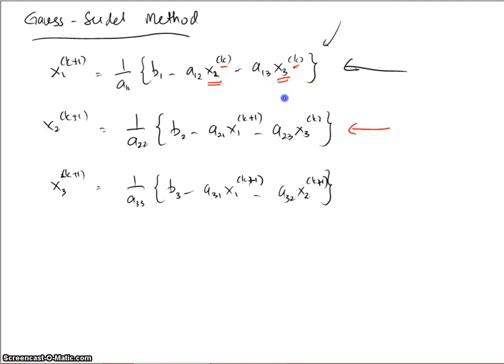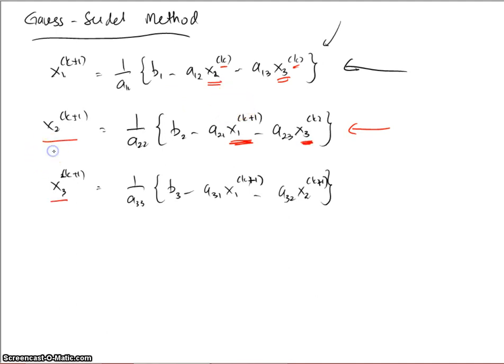But when we look at the second row, when we calculate x2 at k plus 1, x1 is multiplied to a21, and x1 is the new value, whereas x3 is the old value.